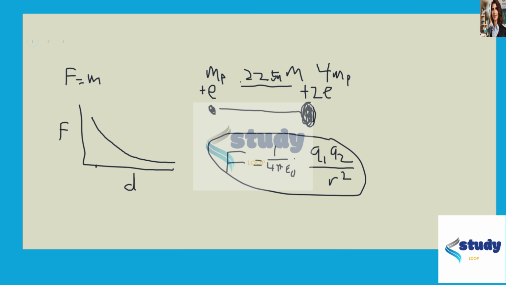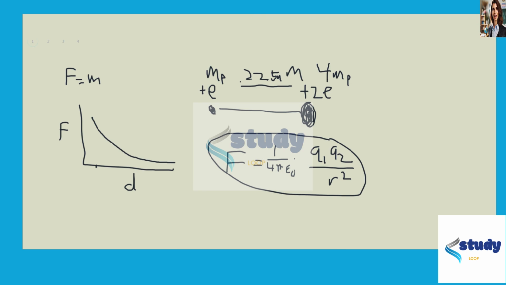Okay, so that's the acceleration part. Now we just need to do the velocity part. So since we know that this acceleration is going to be positive, no matter what r is, it's going to get smaller and smaller, but it's still going to be positive. That means that both particles are going to be speeding up from the time they're released until they reach infinity.